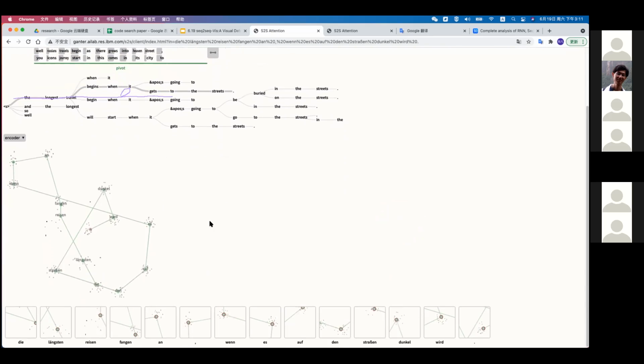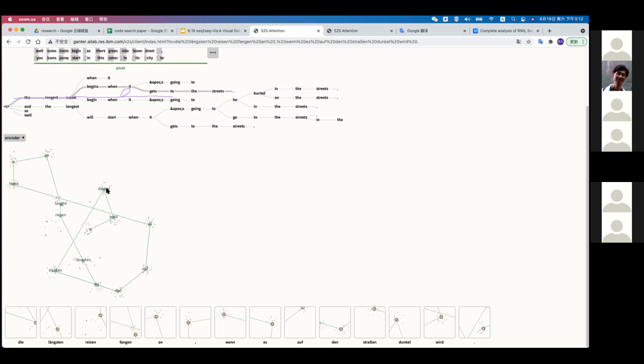Then we will see a graph. This graph depicts the high dimensional space of the encoder state. These are the words in German, and then you will check whether these German words are encoded right or not.